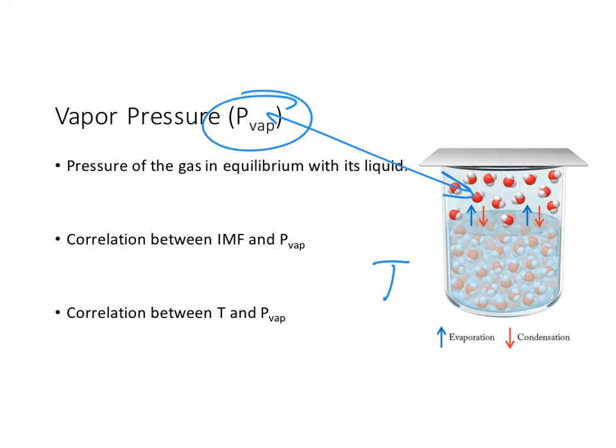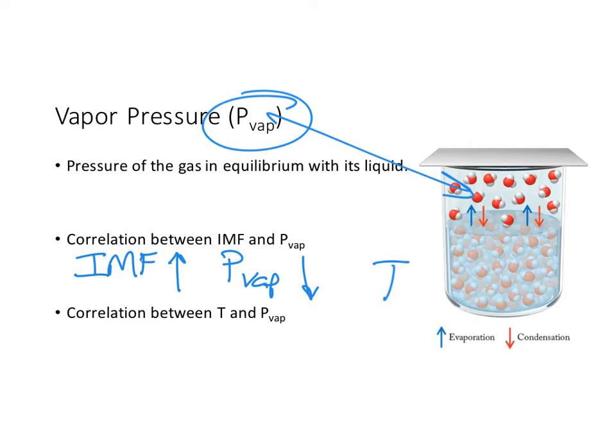So quite simply, as the IMF goes up, the vapor pressure is going to go down. This is an example of an inverse correlation. Up to this point, all the properties, like boiling point and melting point, have increased in value as the intramolecular force increases.